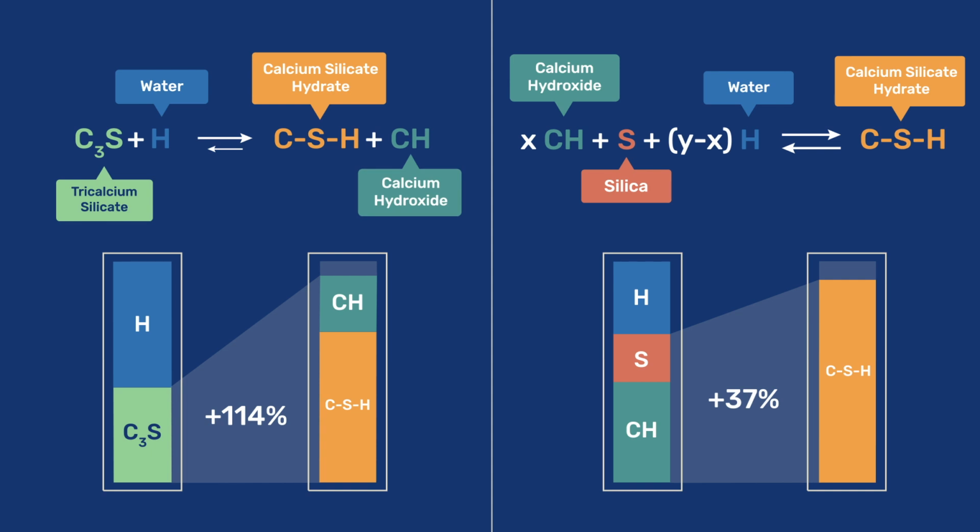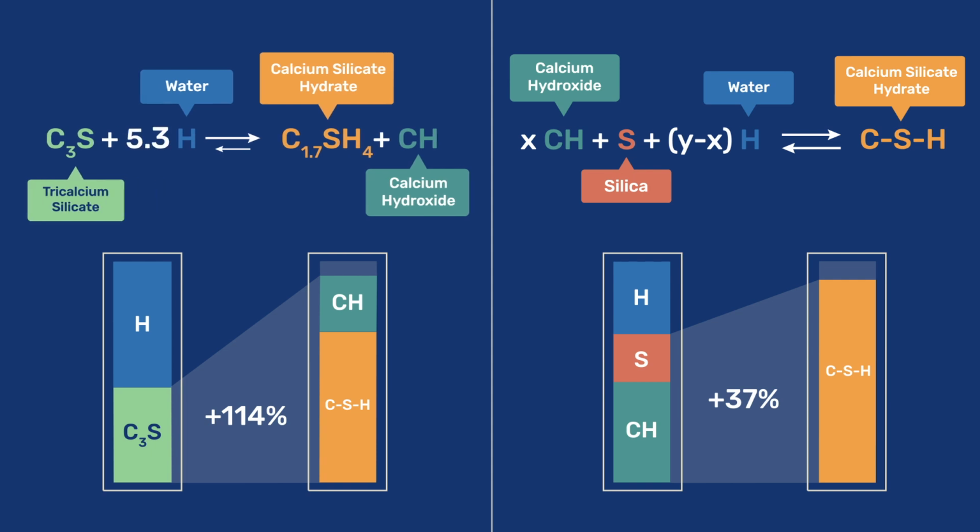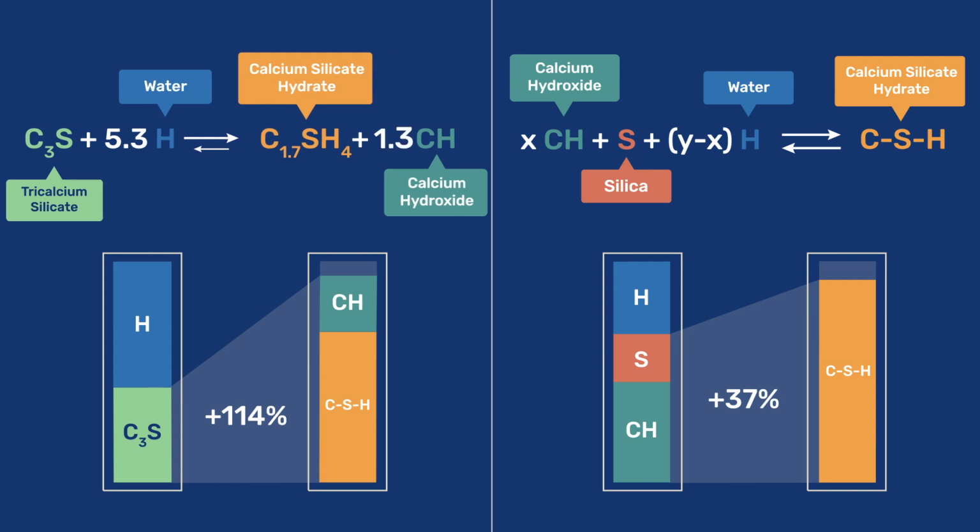Using a representative composition of C-S-H given by C1.7SH4, that reaction becomes C3S plus 5.3 H gives C-S-H plus 1.3 CH.